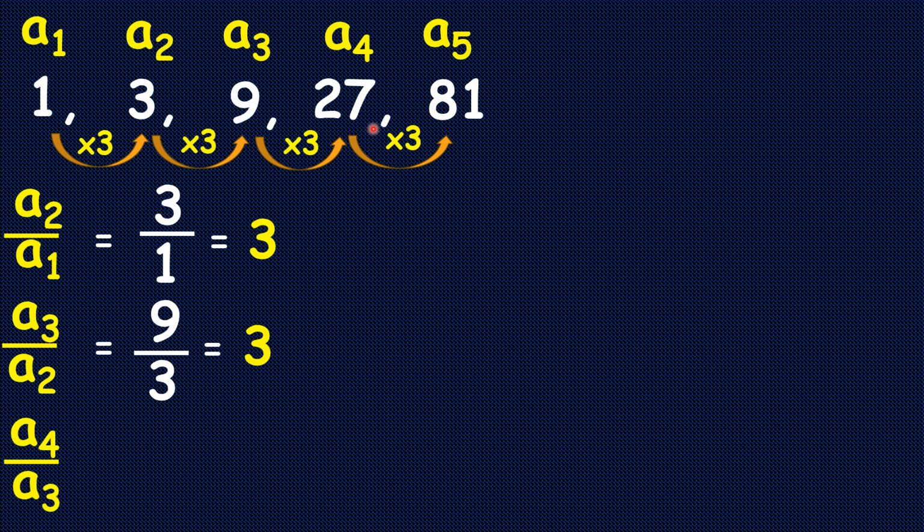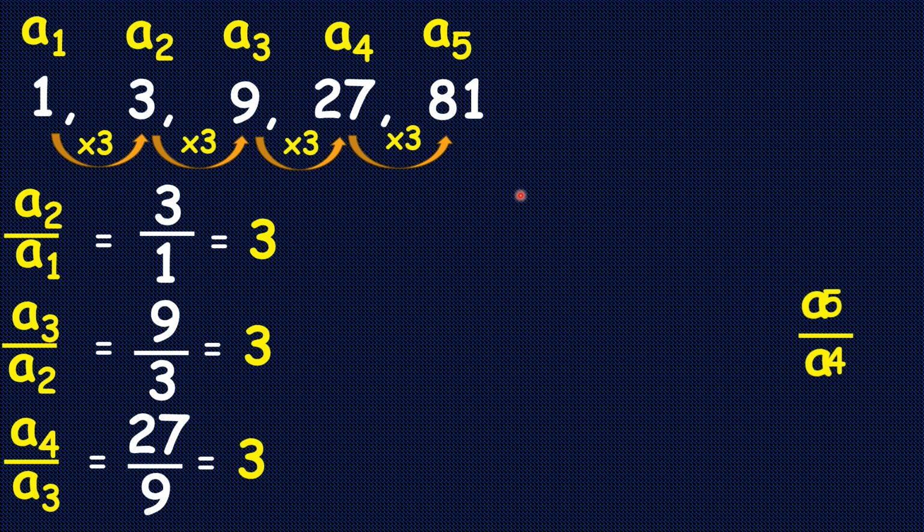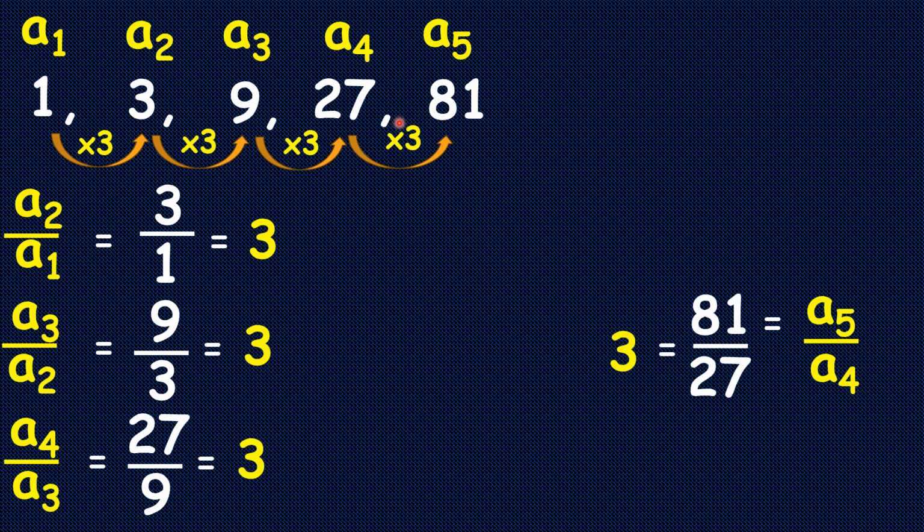We'll now say fourth term divided by third term, which is 27 divided by 9, and that gives us 3. Then we'll look at the fifth term divided by the fourth term, that is 81 divided by 27, and that gives us 3.